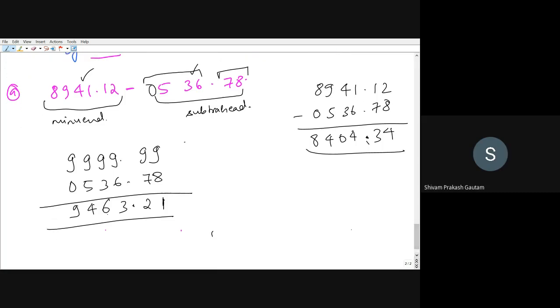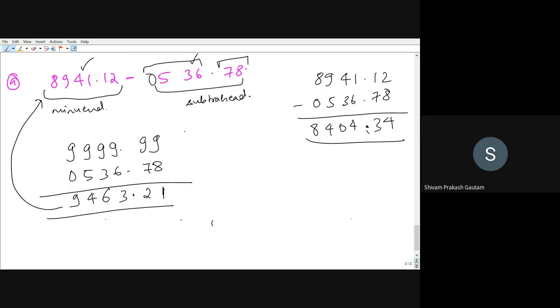Now what we have to do is add the 9's complement to the minuend. Okay, so I will add both of them. 8,941.12 and 9,463.21.